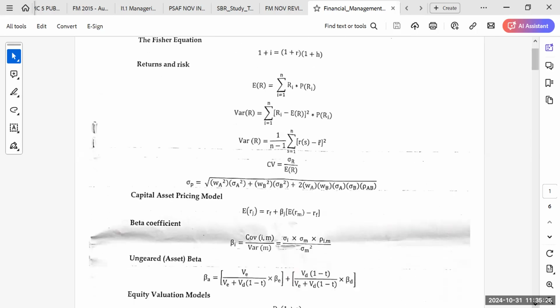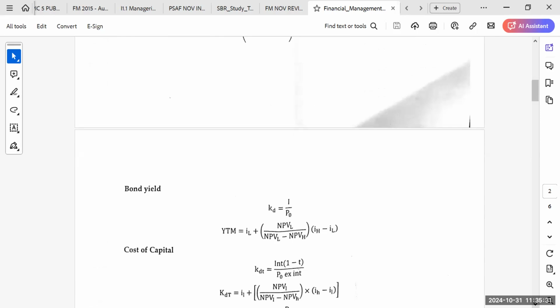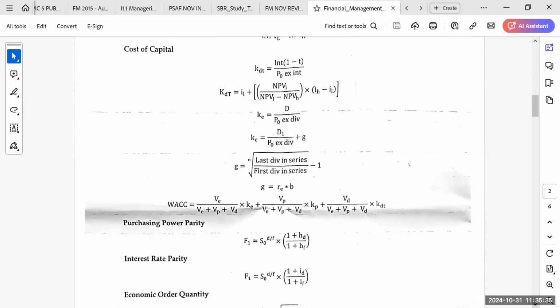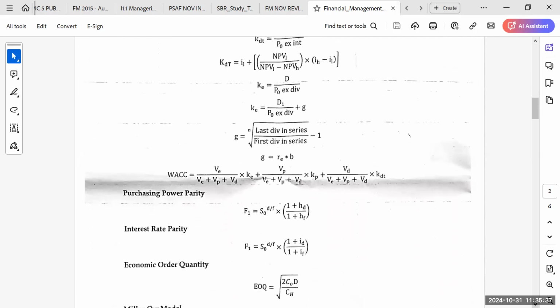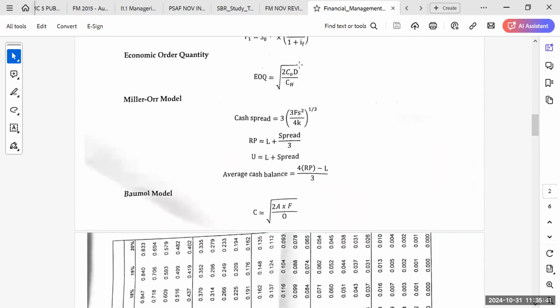So you can see the Baumol model here, isn't it?